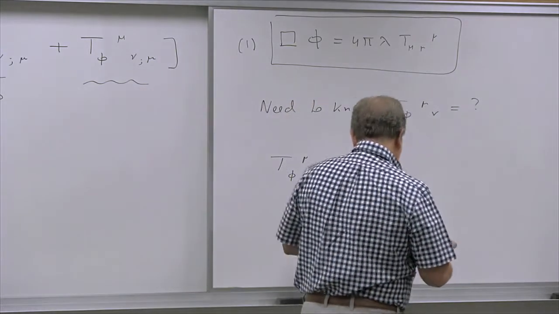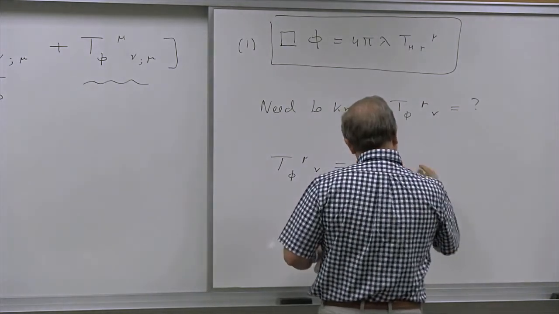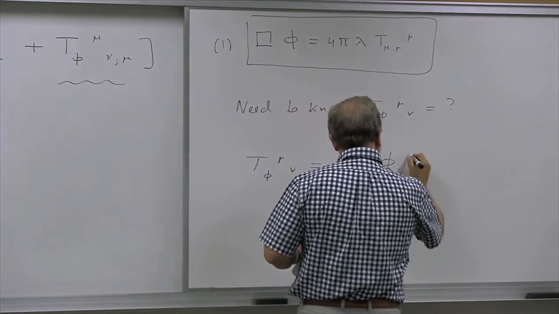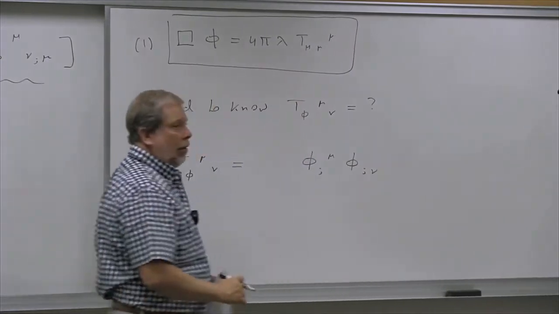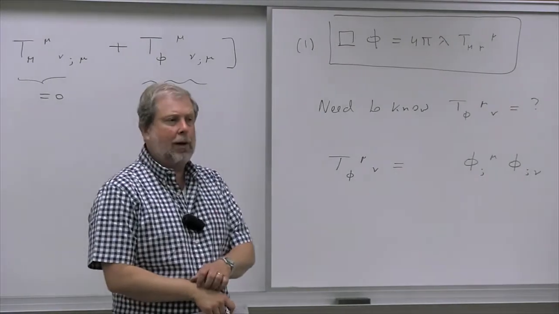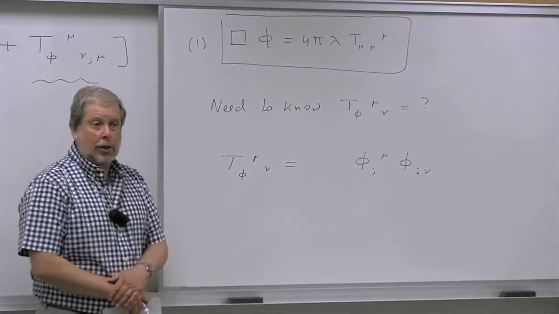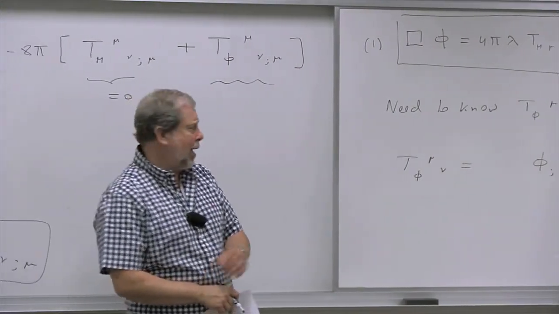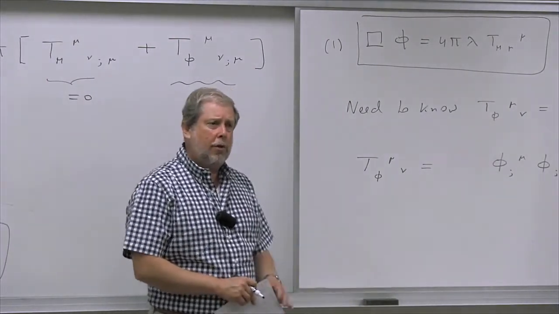So by the rules of constructing tensors, the first thing that we can have is the derivative of phi semicolon μ and semicolon ν. Right? So you take a derivative of phi, you take a second derivative of phi, you do the derivatives the right way, and with one index up and one index down, and this is a legitimate combination. And well, so that's something that you should have in the T_μν, except we're not quite sure what the coefficient of this should be.